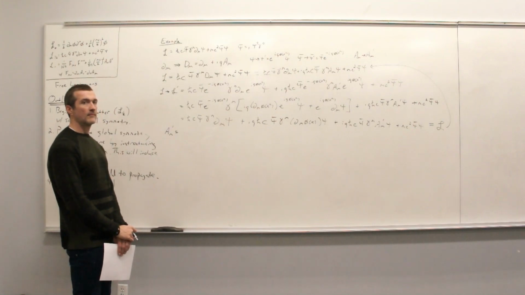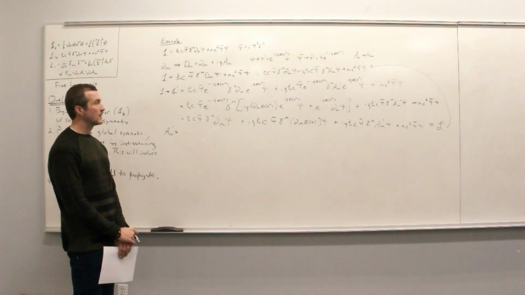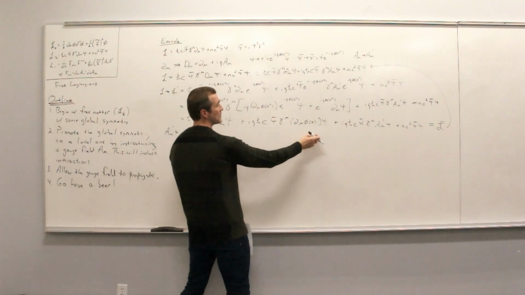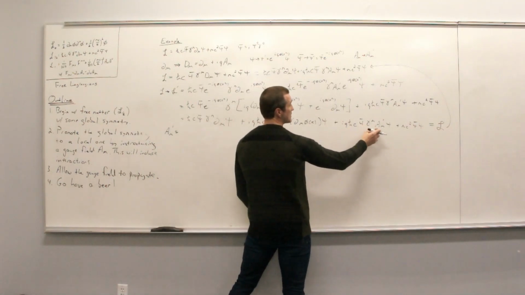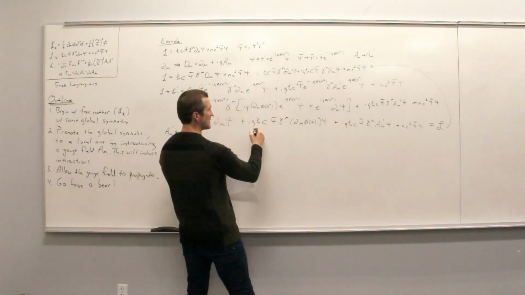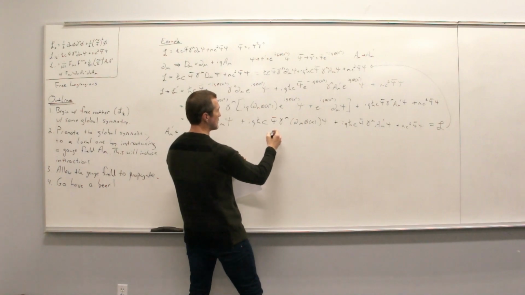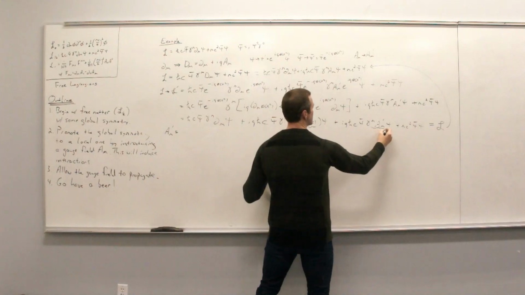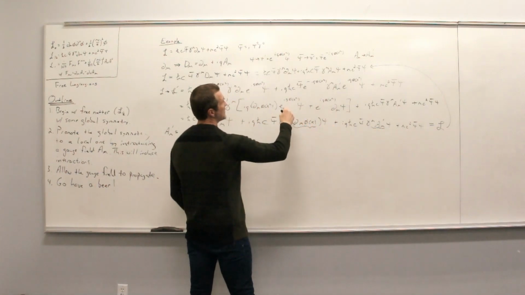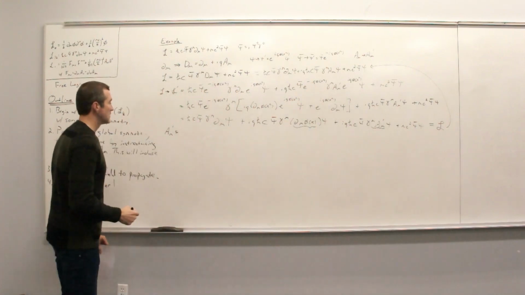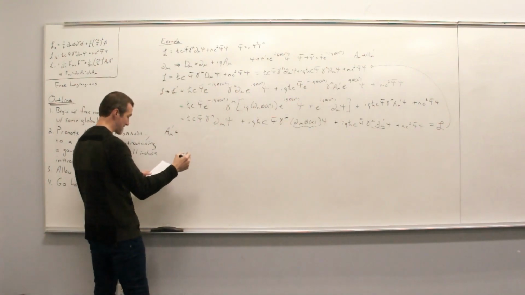Del mu of psi x mu. So notice this has got h bar c, psi bar, gamma mu, and a psi. This has got h bar c, gamma mu, psi bar, and a psi, and a gamma mu. So there's this, and there's this, and I want those to combine to become just a mu: negative del mu psi of x mu plus a mu.